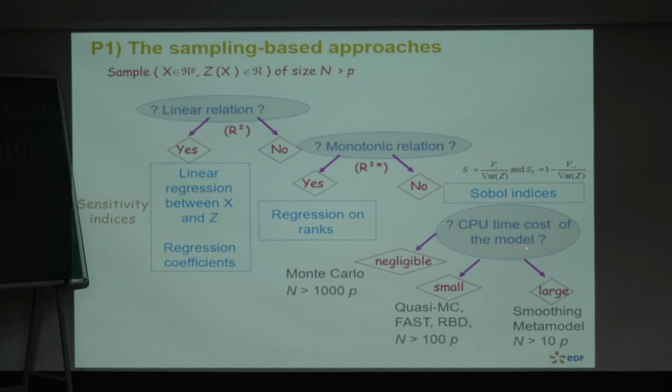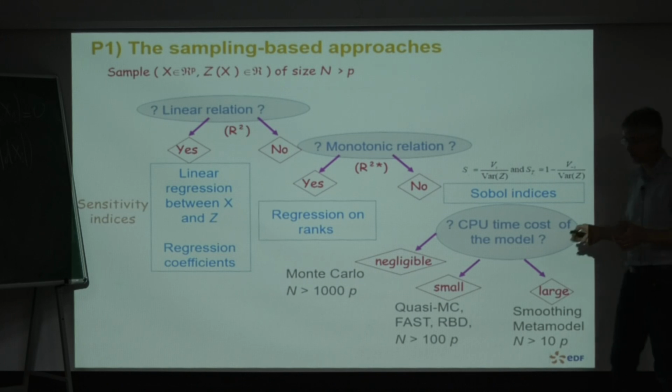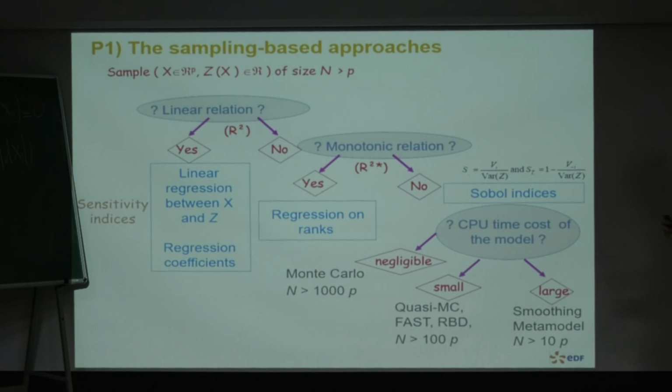And finally, if the cost is too high to reach such a budget, if you have 10 inputs and you can only run 100 times your model, you can only perform 100 points. So we propose to use the meta-model technique that I have explained yesterday.